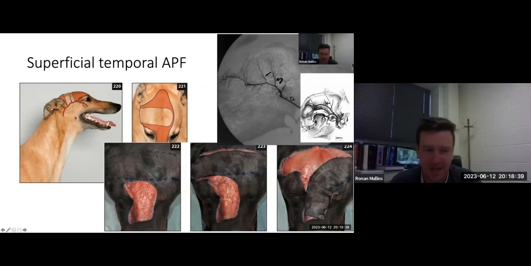In terms of the landmarks for this, if we take this example here where the flap is based on the right side, so it's based on the zygomatic arch. Caudally we're limited by the ear. So the ear is the caudal aspect of the caudal incision, and the cranial incision is limited by the eye.